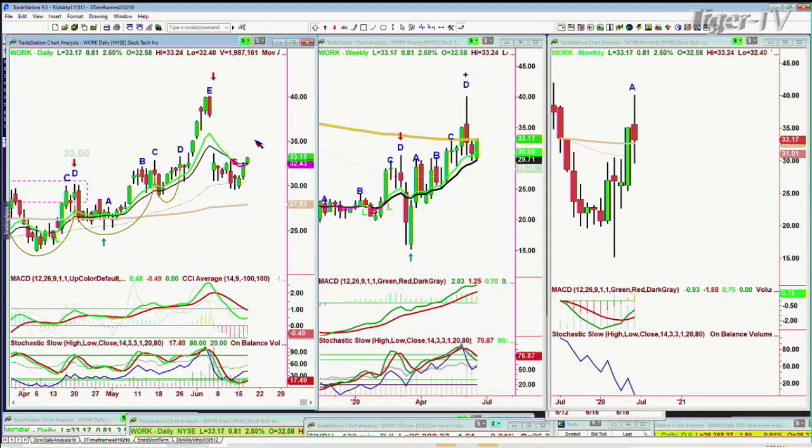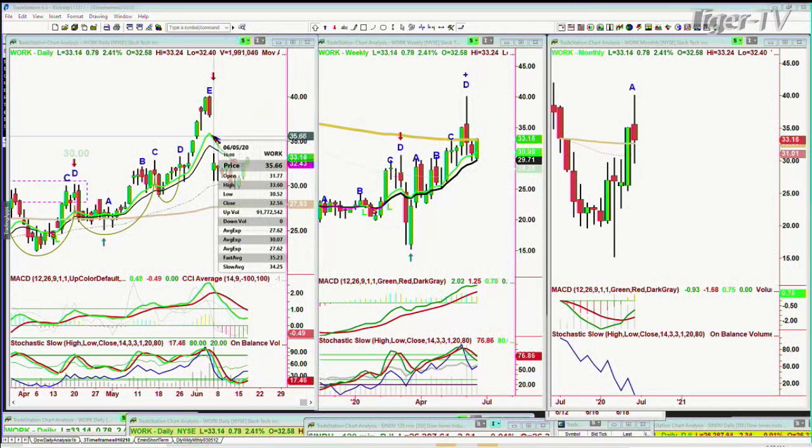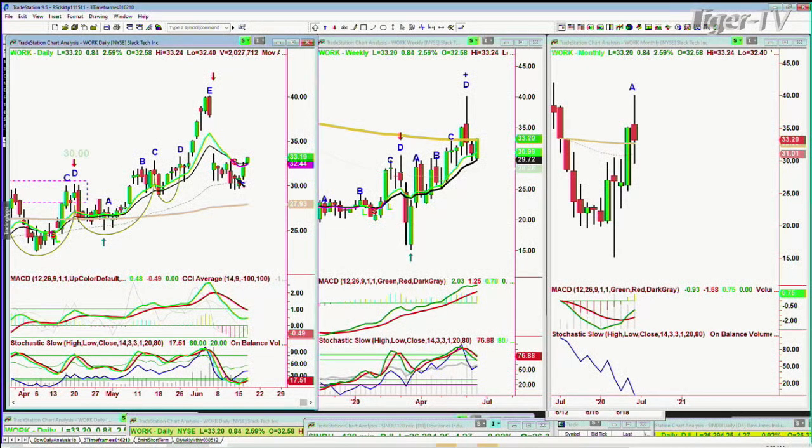So this has got a long way. It hasn't even gotten to the gap high of 33.60 that was on the 5th of June, when the day before it made its all-time high and the gap down, and that low was 37.67. There's a huge gap between 37.67 and 33, 4 points.